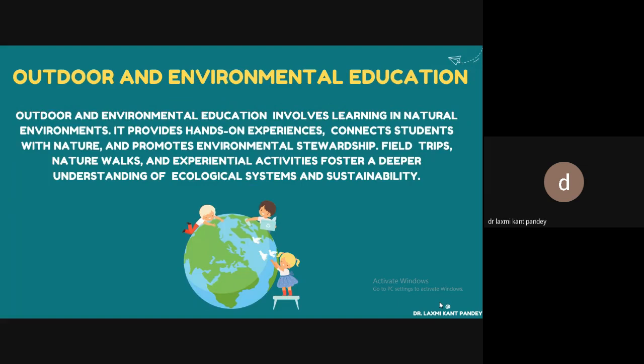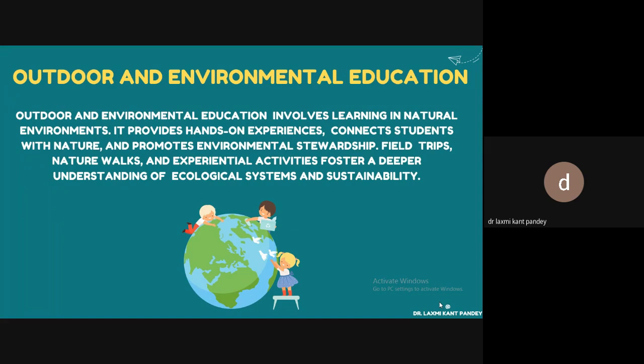Next, outdoor and environmental education, because this is very important. Students need to understand how important the environment is for themselves. In the new education policy, 4 credits have been given for environmental education. So environmental education is very important.